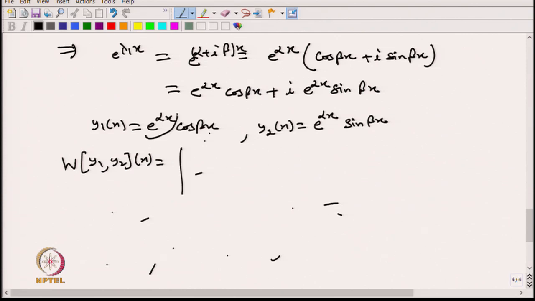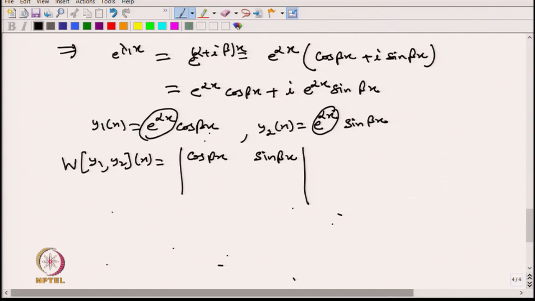Now, e alpha x and e alpha x are common, so I can take the common factor outside and skip it to ease the calculation, and just check cos beta x and sin beta x. If these two functions are linearly independent, then we are done. In this case it will be minus beta sin beta x, and this will be beta cos beta x.